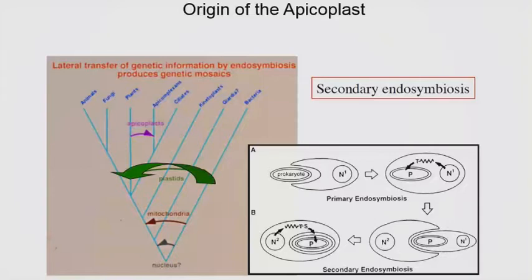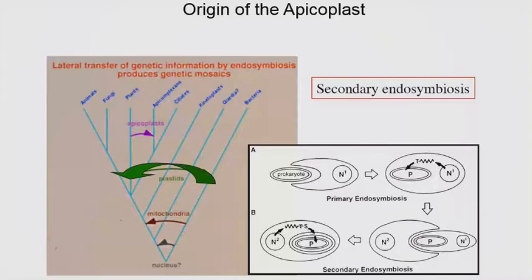And this organelle is derived from plants. So if you can know what the apicoplast does and study the genes and target drugs to plant-like proteins, you're going to have a better chance of designing drugs that might target the parasite and not hit a mammalian gene. So this has been an active area of study.